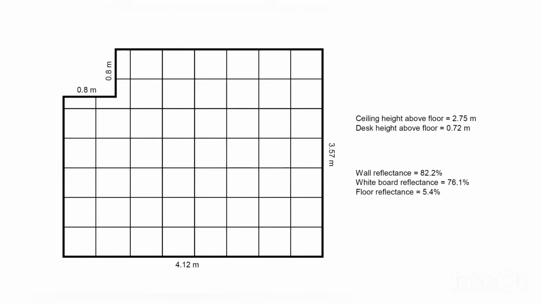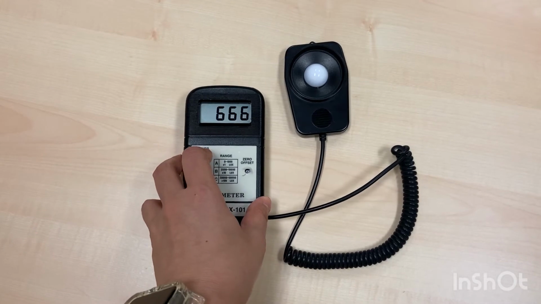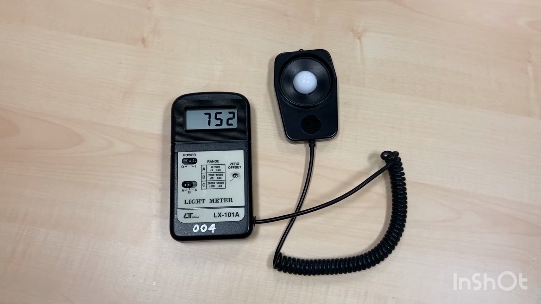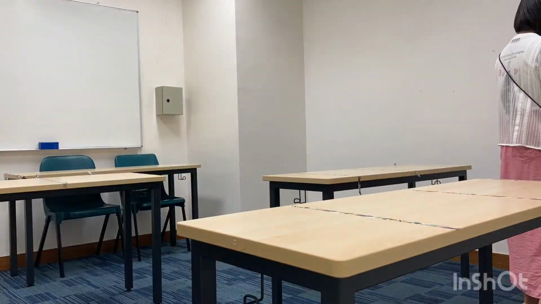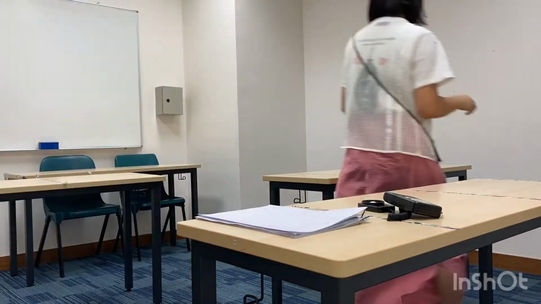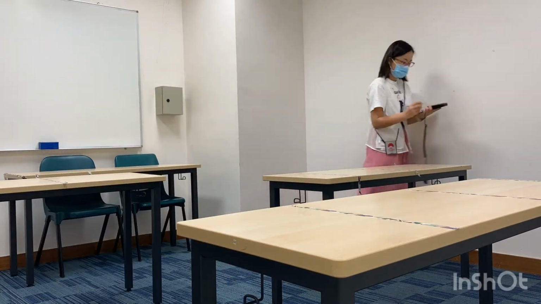So this is how I divide the working plane surface into the measurement grids. So for each grid, I will use this light meter to measure the horizontal illuminance values at the desktop level. This is how I measure the illuminance for each grid.